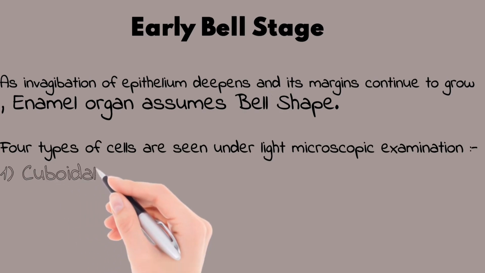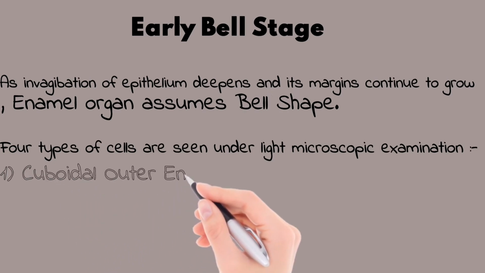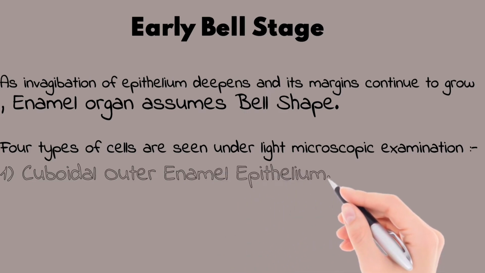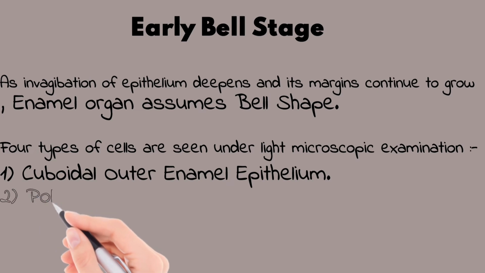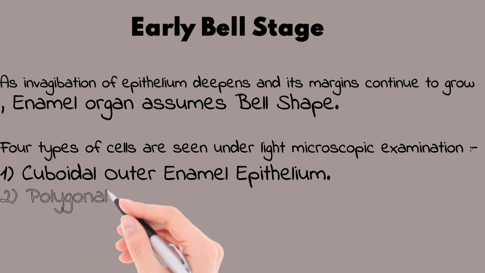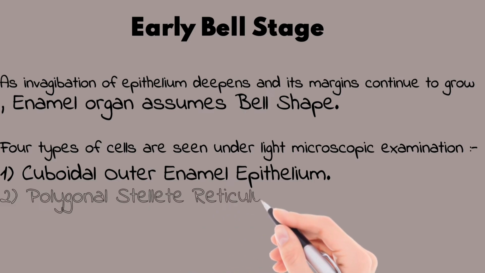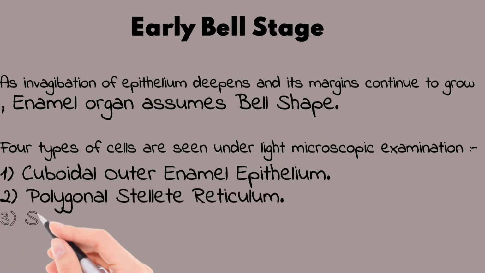Third, we have the squamous stratum intermedium. This cell is new to you guys, so let's study this in the next slide. And fourth, we have the tall columnar inner enamel epithelium. So except the stratum intermedium, the 3 cells are already present in the cap stage.